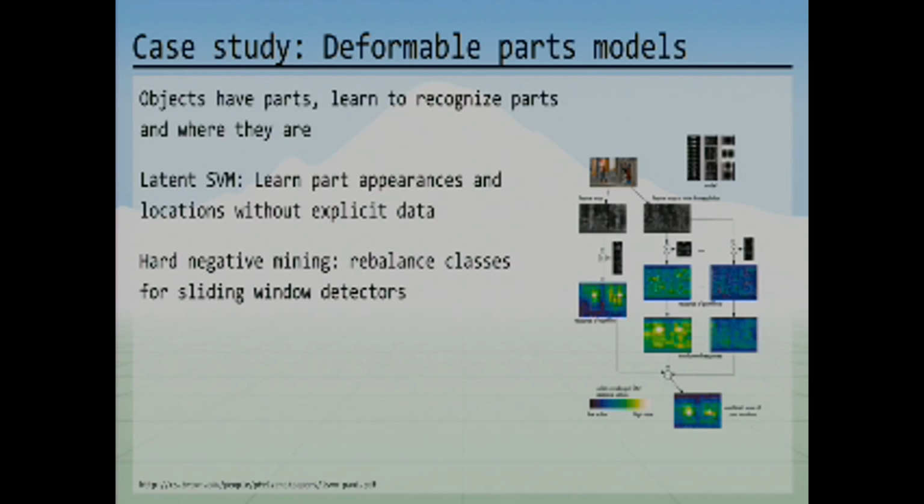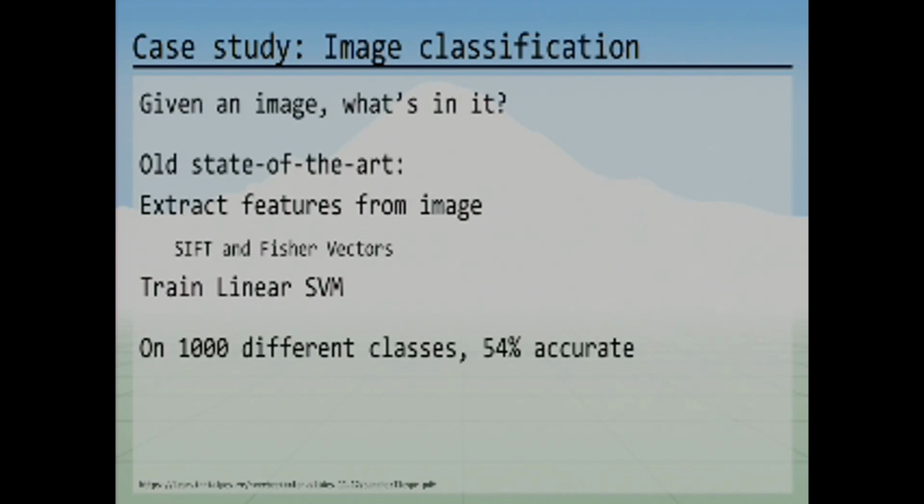So you're going to have a bunch of negative examples for every class and very few positive examples. So we're just going to rebalance training so that we have an even number of negative and positive examples. And in particular, the negative examples that we want are the ones that are already hard for the current detector. So we're just going to take misclassified examples in our training set and train on those as negatives and the ground truth as the positives.